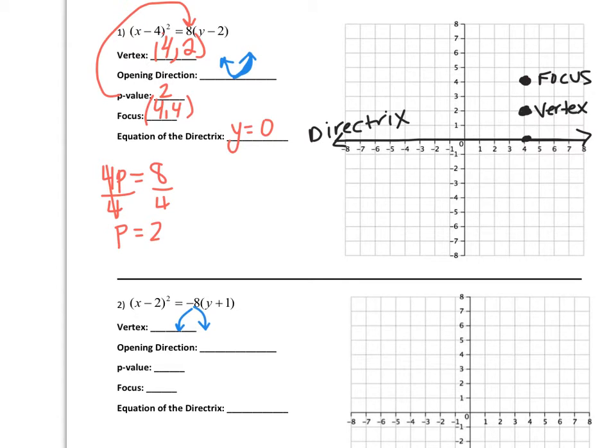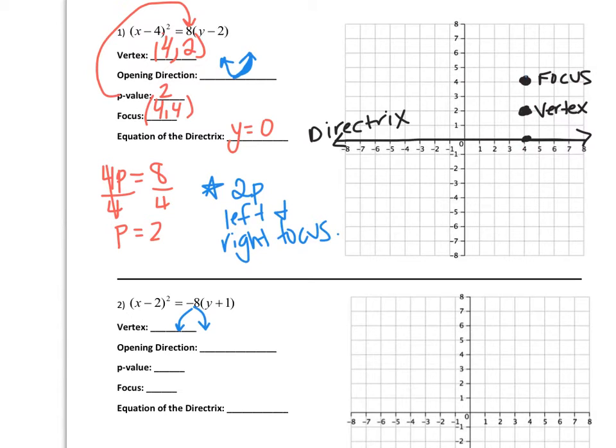Okay, so now a little bit trickier part is how to graph this actual parabola. We can't just draw a sketch. So what we have to do is we always go 2 times p left and right of the focus.